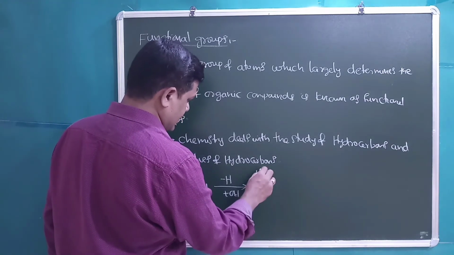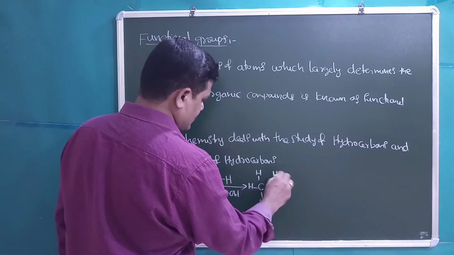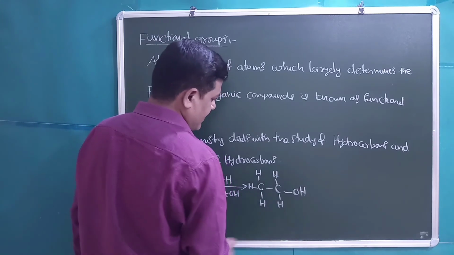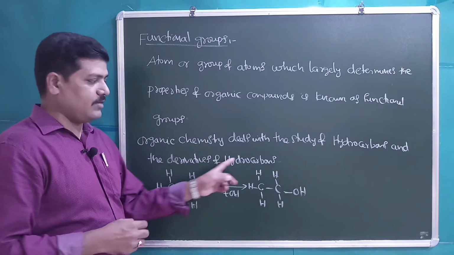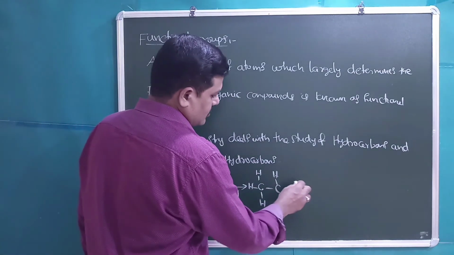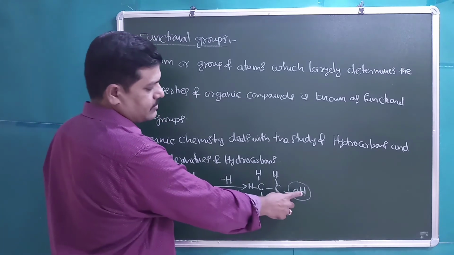Then we will get alcohol, CH3CH2OH. So organic chemistry mainly deals with the study of hydrocarbons and the derivatives of hydrocarbons. Here this OH group will largely determine the property of these compounds. We can call it a functional group.